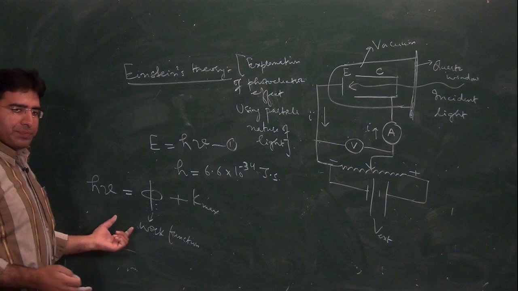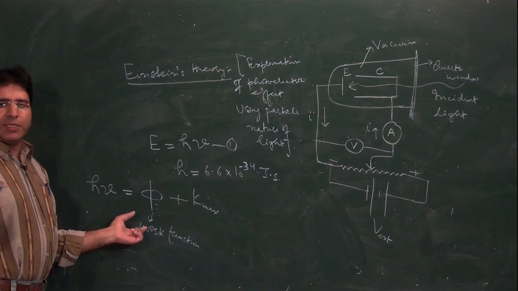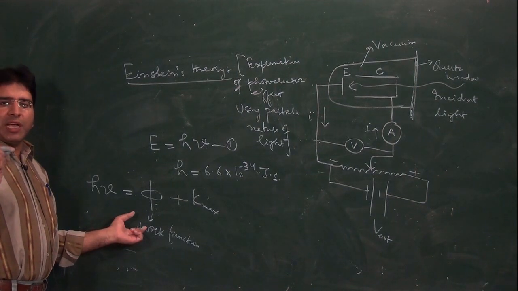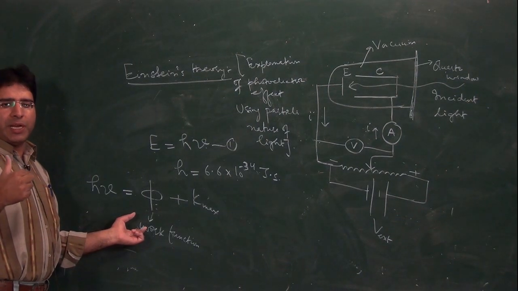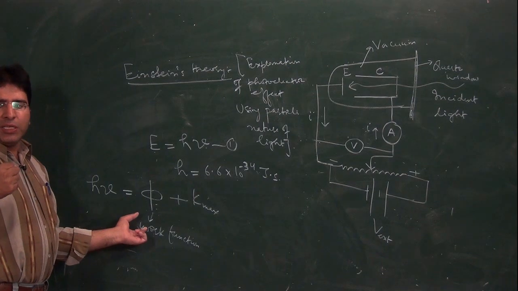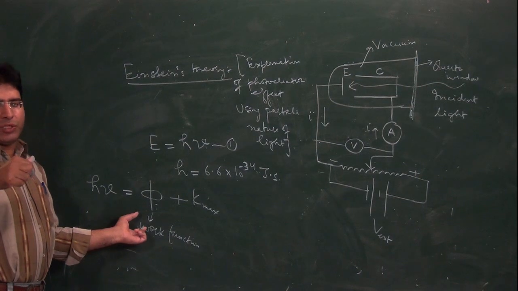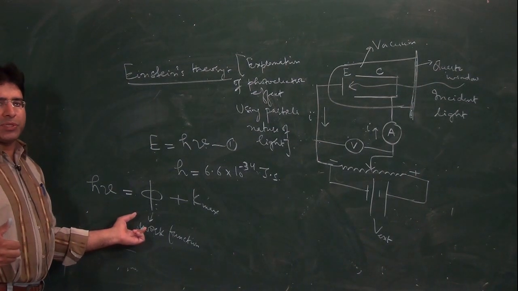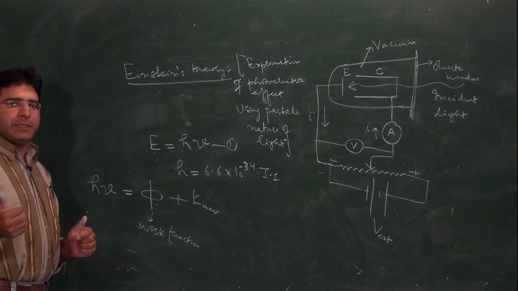So it is clear that increase in intensity will increase the saturation photoelectric current, or more appropriately, intensity and the saturation photoelectric current are directly proportional, but Kmax and stopping potential are independent of intensity.